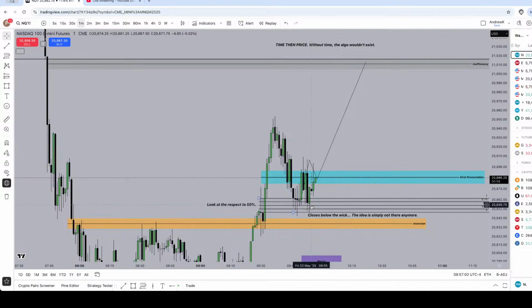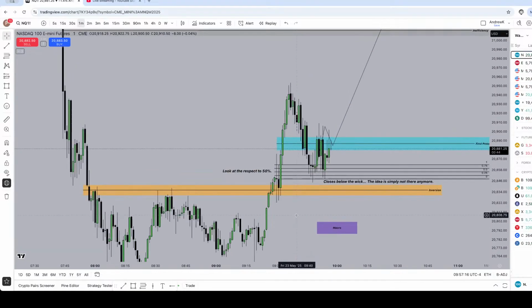So for me, I'd like a little more confirmation here. And me personally, if you want to be an early buyer here, you can absolutely be that. But personally, I probably would have taken a simple small scalp from here to there. That's over 120 points, and that's enough for me to end my day. I don't need 500 points. What I would like to do is get in and get out of the markets, but you have to put in the time first to be able to do that.